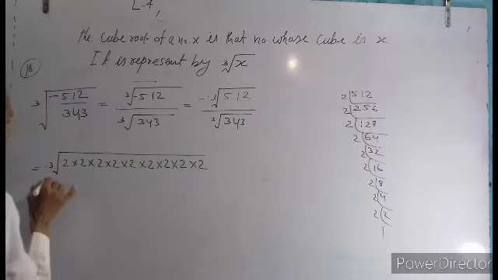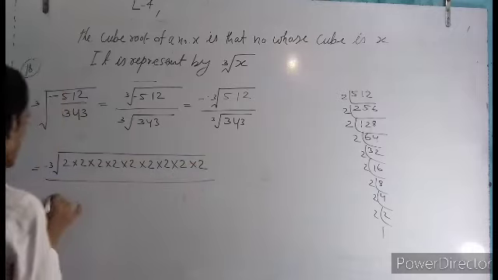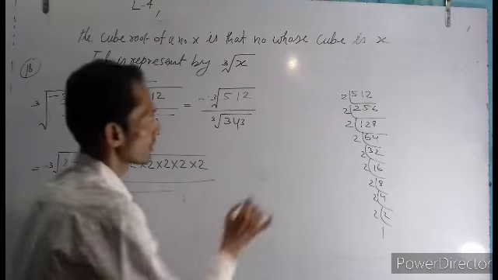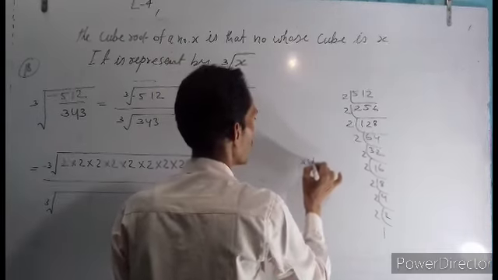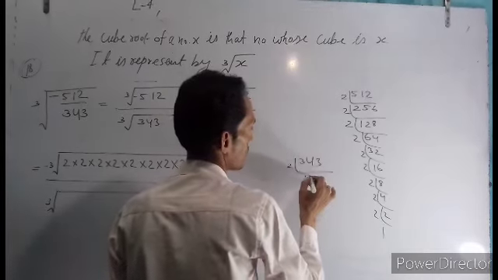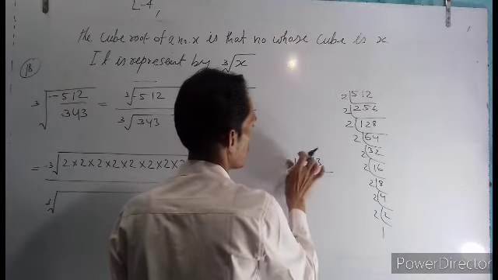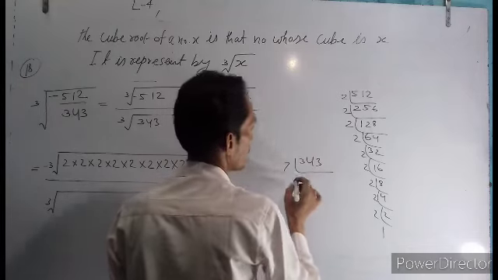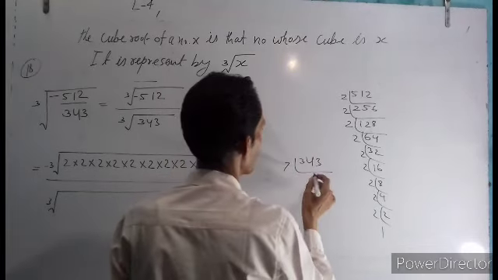Okay. Similarly for the denominator, the cube root of 343. 343 you can do: 3 4 3. It is not divisible by 2.